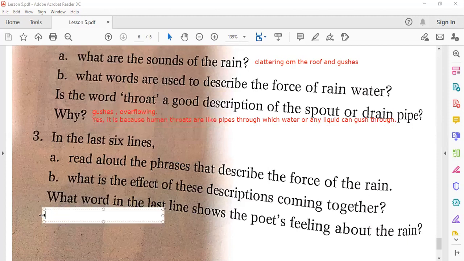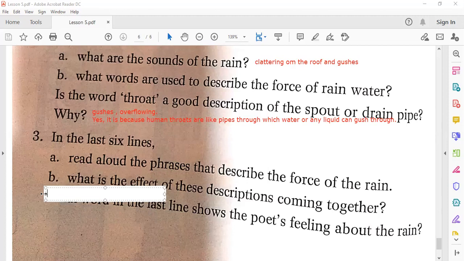Now let's move on to the B question. What is the effect of the descriptions coming together? What word in the last line shows the poet's feeling about the rain? The effect of these descriptions helps the reader imagine the kind of downpour the poet is talking about.